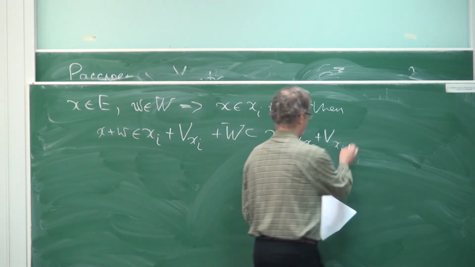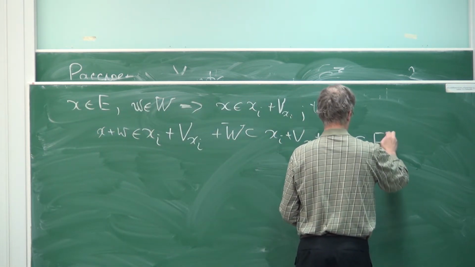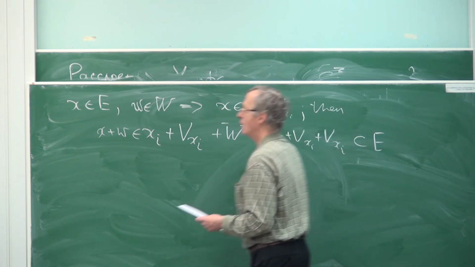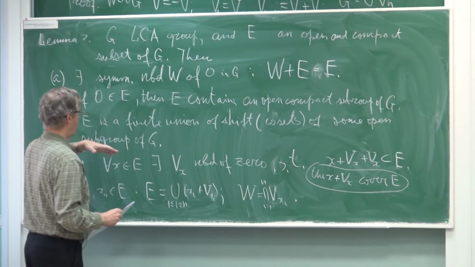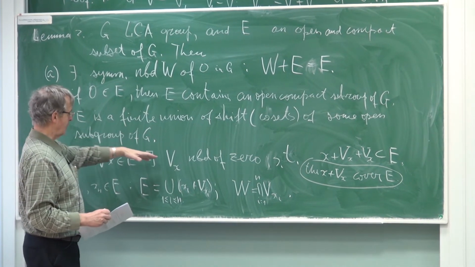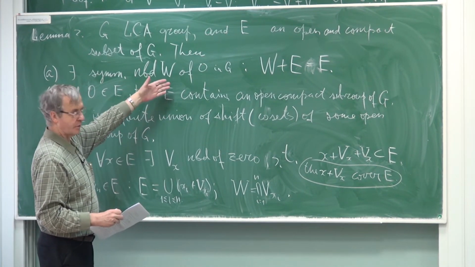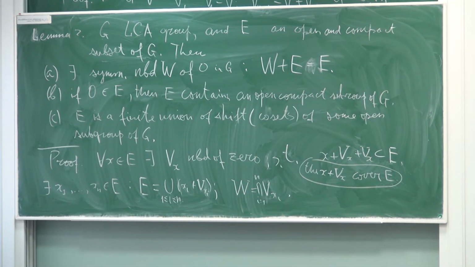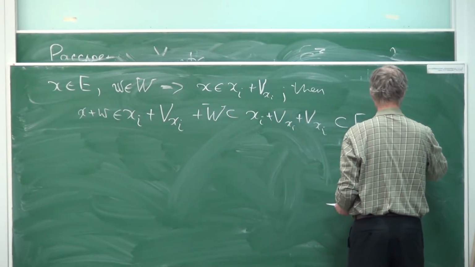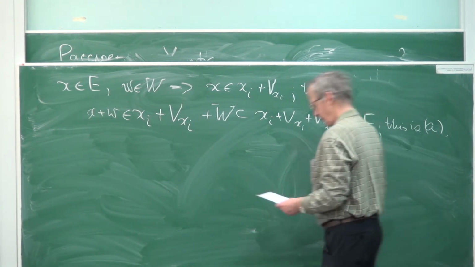So this is in E, and this is precisely statement A. There is a symmetric neighborhood W of 0. Well, I didn't ensure that this is symmetric, but we can, from the outset, take all our neighborhoods symmetric. Then we obtain symmetric W. This is A.